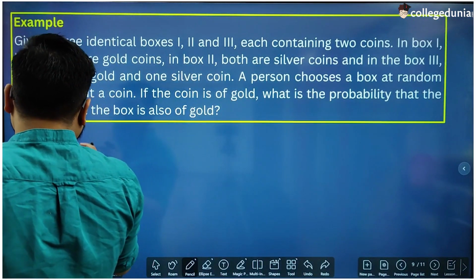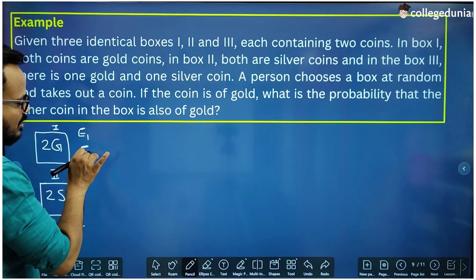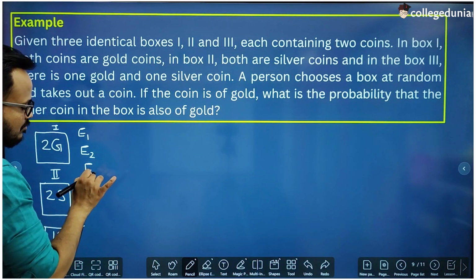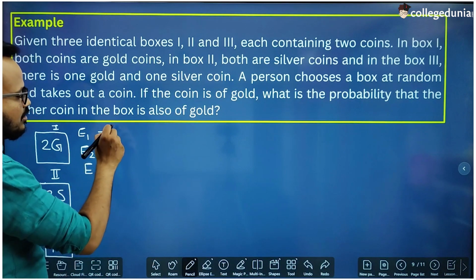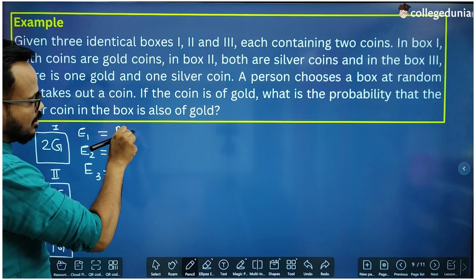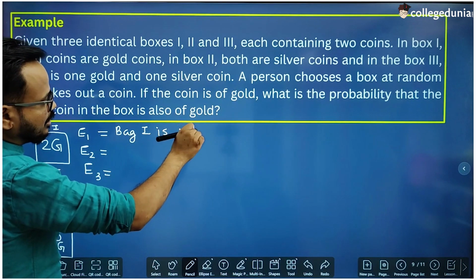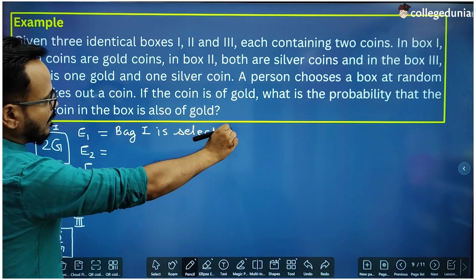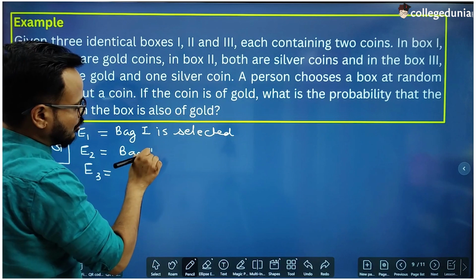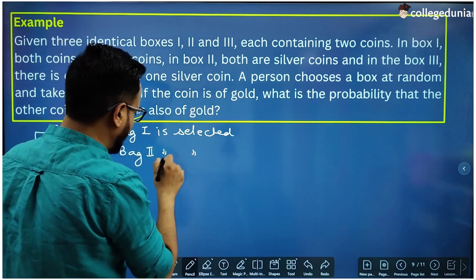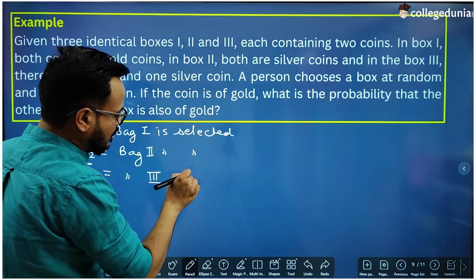So now we have three bags, and E1, E2, E3 are the events of choosing or selecting a bag. E1 is bag 1 is selected, E2 is bag 2 is selected, and E3 is bag 3 is selected.